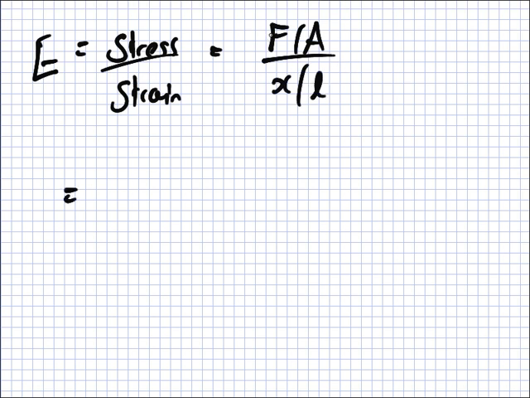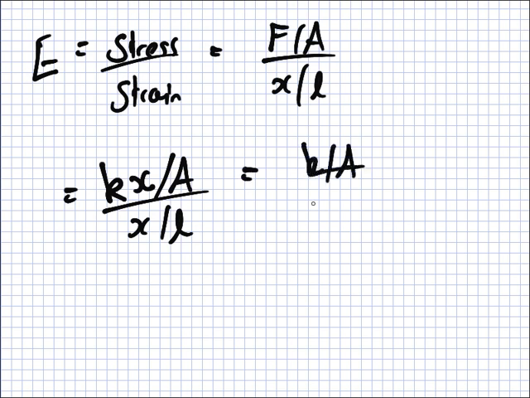But Hooke said F is Kx, didn't he? Over A over x over L. What cancels here? x. So that's K over A over 1 over L. So you multiply by L and you get KL over A.